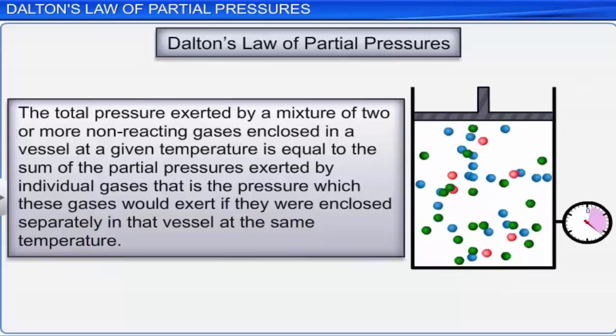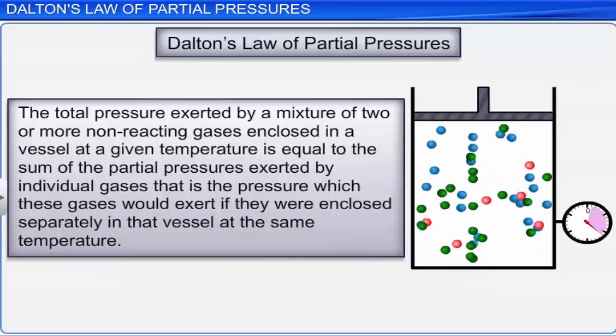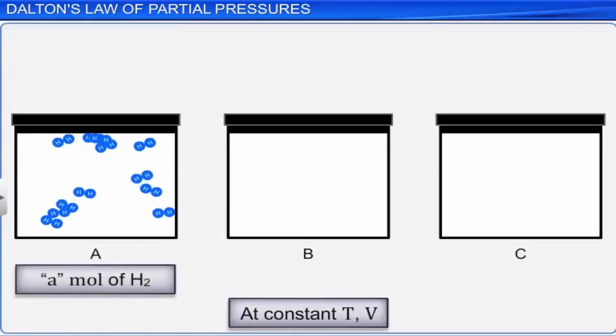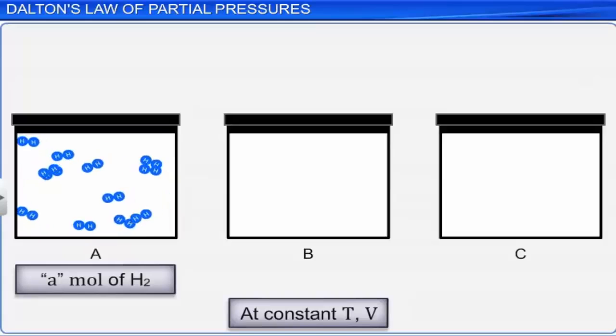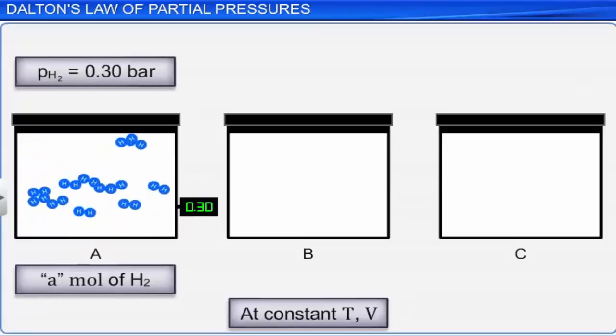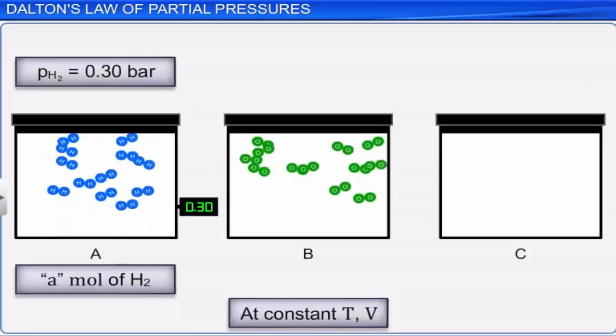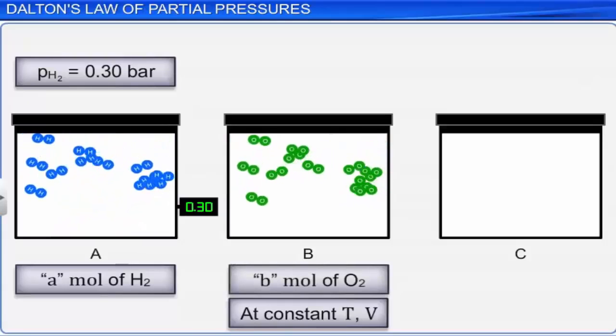let us consider 3 vessels of the same volume at the same temperature. Let the first vessel be enclosed with A moles of hydrogen exerting a pressure of 0.30 bar, and the second vessel be enclosed with B moles of oxygen at the same temperature exerting a pressure of 0.45 bar.